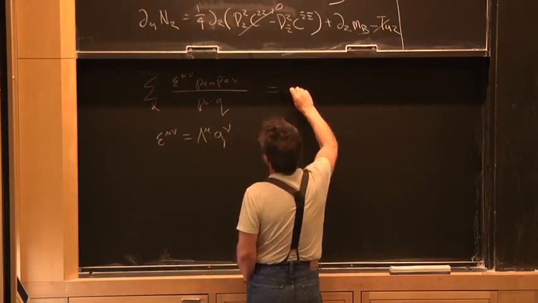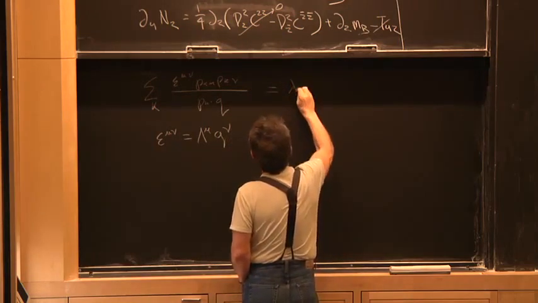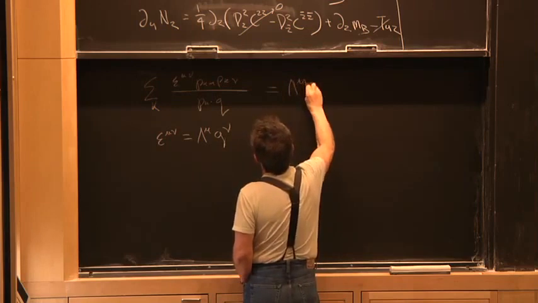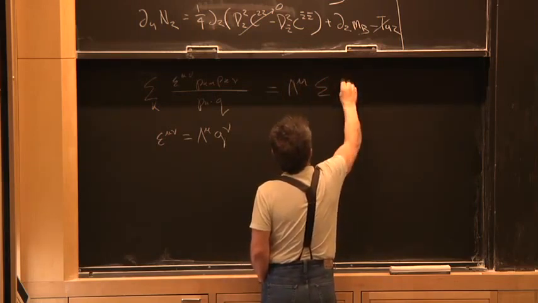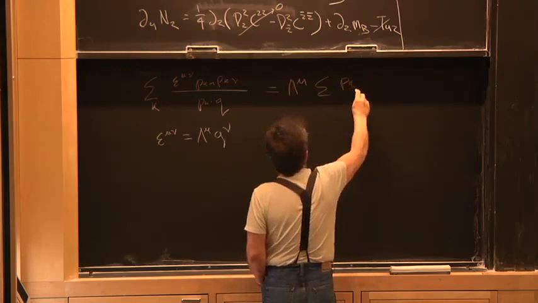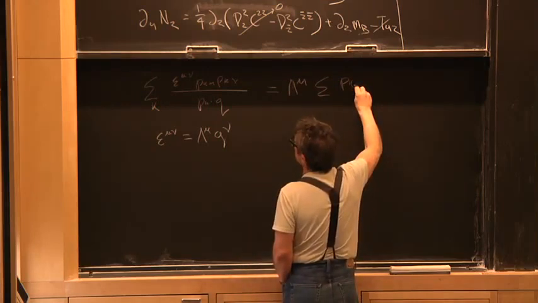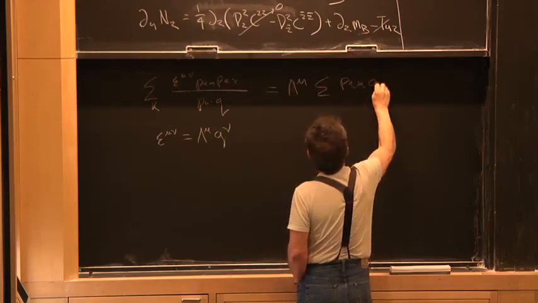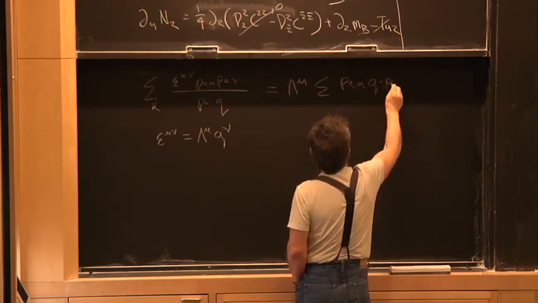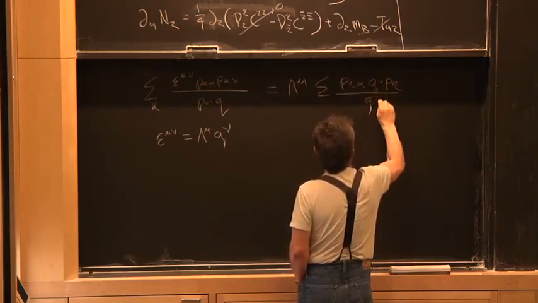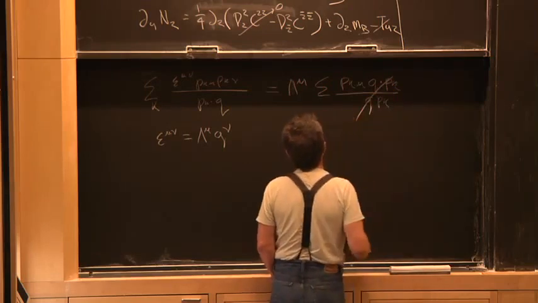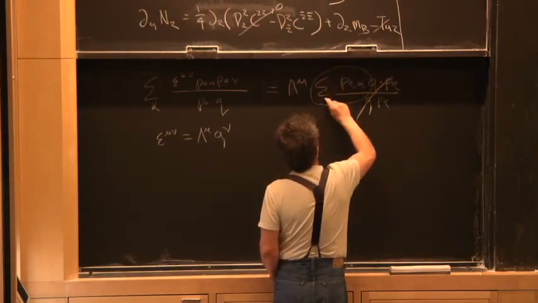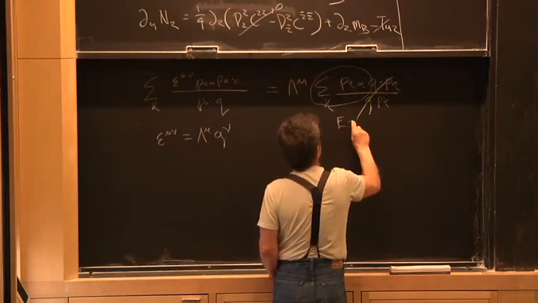It becomes lambda mu sum of pk mu, and then q dot pk over q dot pk. So these terms cancel, and this is 0 by energy momentum conservation.